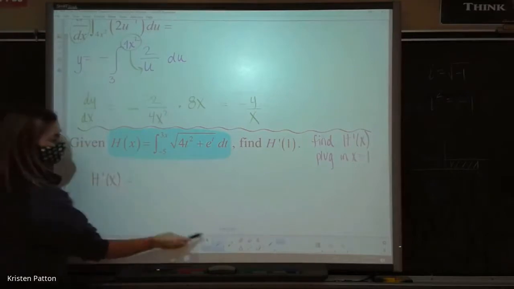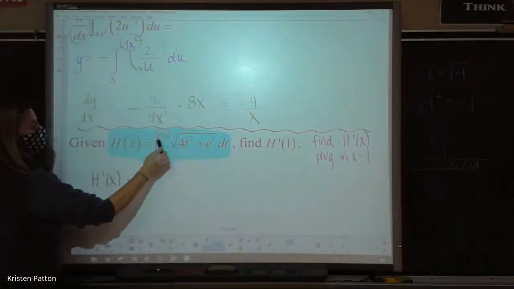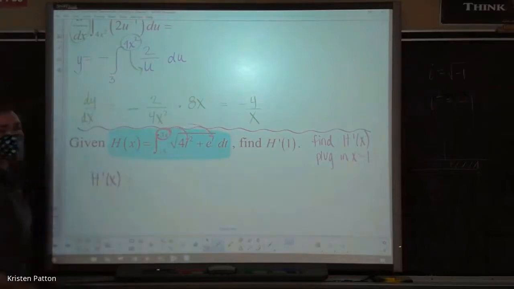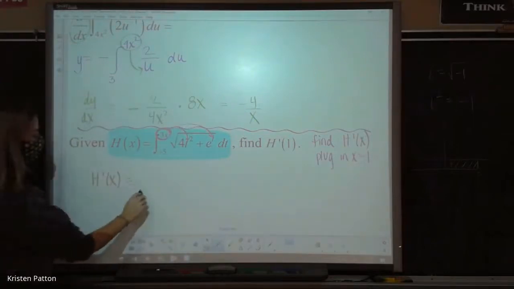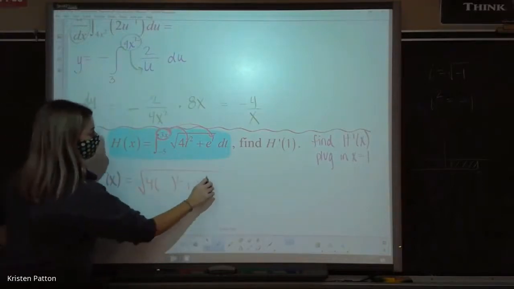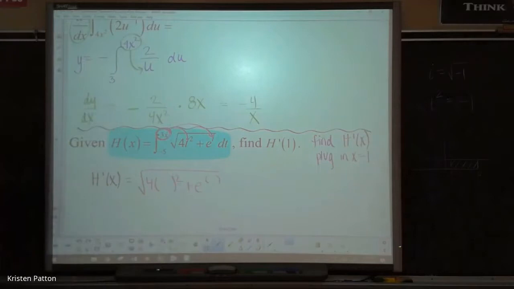To find the derivative of the integral, it just says make sure your variable's in the upper bound, which it is, and go plug it in for every t. All right, so I have the square root of 4 blank squared plus e to the blank. Right, the integral's gone.